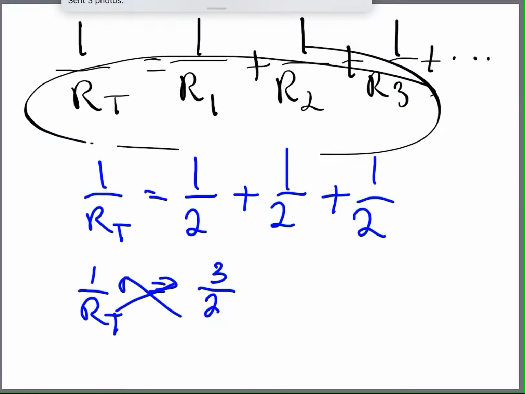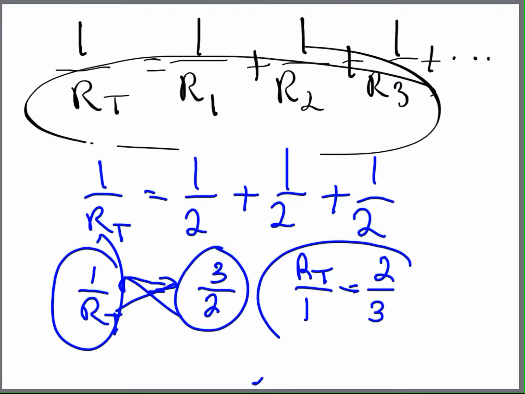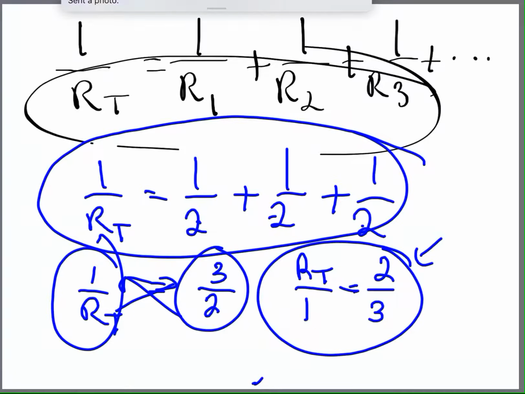Rather, you can cross multiply. Or since this is 1 over R total, you could just say that R total over 1 is just the inverse of this. So if I flip this, I have to flip that. So my total resistance for this setup of 3 resistors with 2 ohm resistances would be that. Okay.